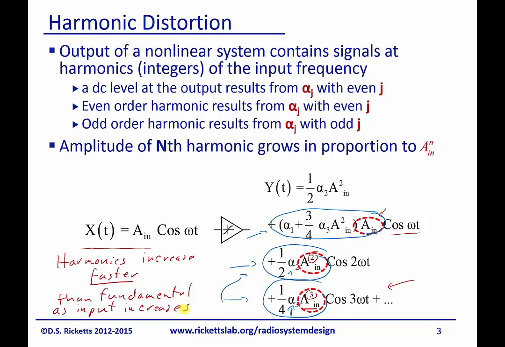This is really important because it's basically saying if you have a nonlinear system, when the signal's small, you may have very little harmonics. But as you increase the signal, the ratio of the harmonics to the fundamental is going to increase because the harmonics increase faster.